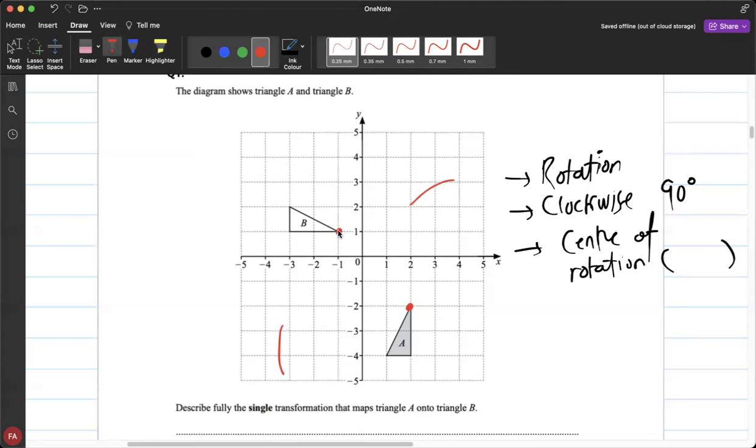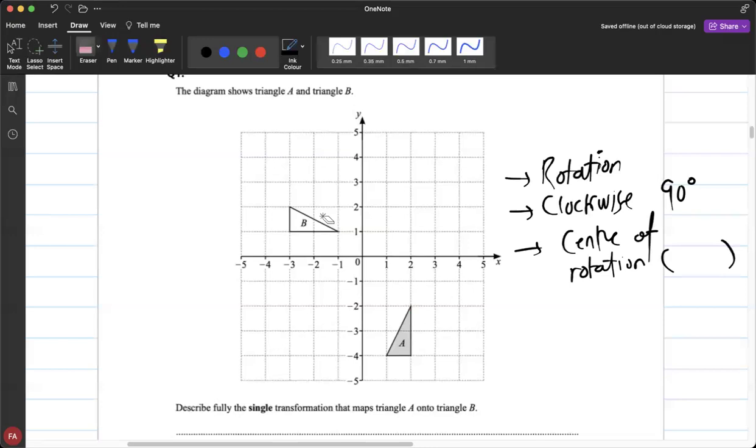Using the same opening, place the compass over here and do the same. Join this line. Do the same for another set of points, and these must be extreme points. If you do it for these 2 points as well, you should get the point of intersection, which is going to be the center of rotation. That's just one way of doing it.